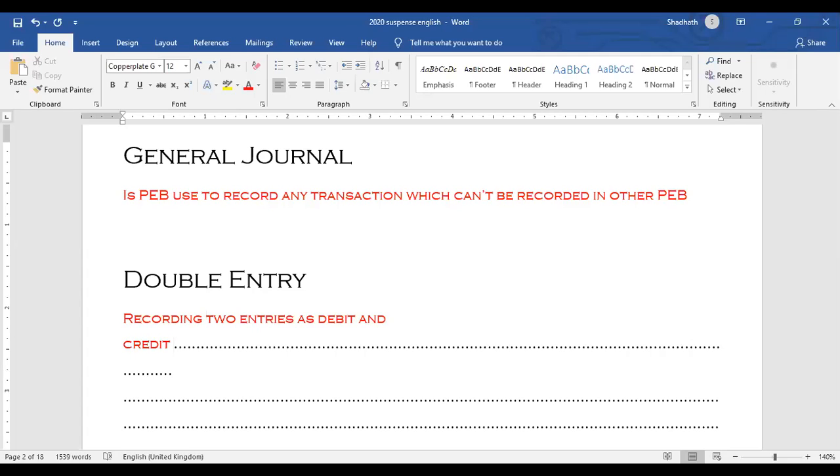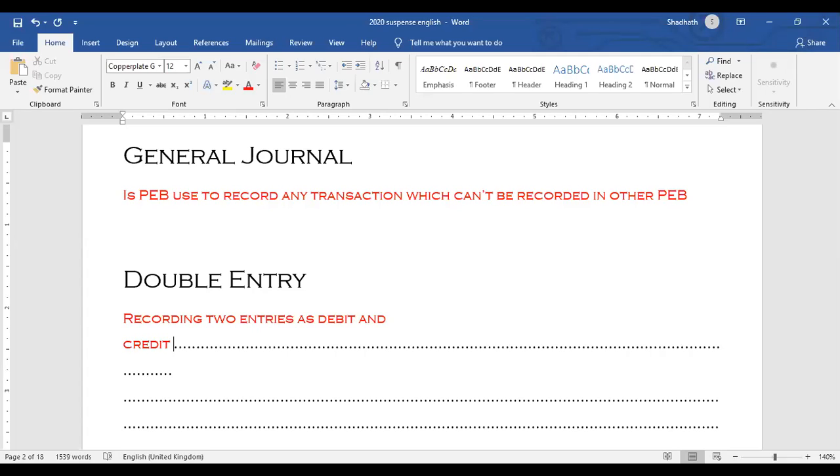For what? For the transactions. So simply said, to understand easily, what is double entry? When a transaction is given to you, recording two entries as debit and credit.